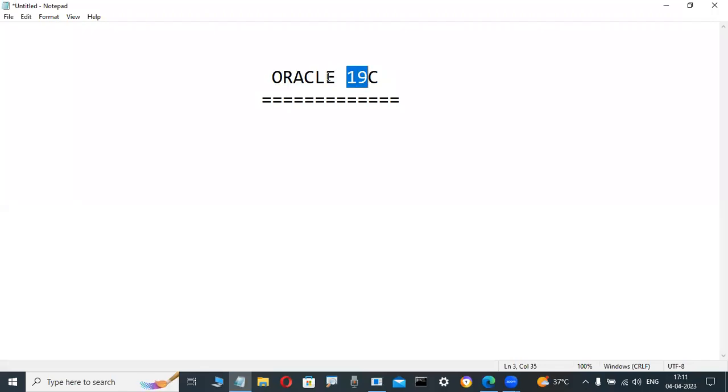This Oracle software product was released in 1978 onwards: 1.0, 2.0, 3.0, 4.0, 5.0, 5.1, 6.0, 6.1, 7.0, 7.1, 7.2, 7.3, 8.0, 8.1.5, 8.1.6, 8.1.7. These three versions are also called Oracle 8i.